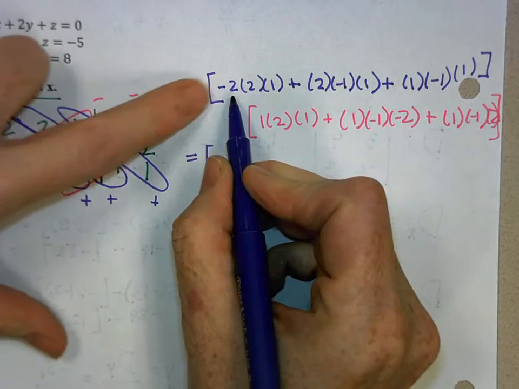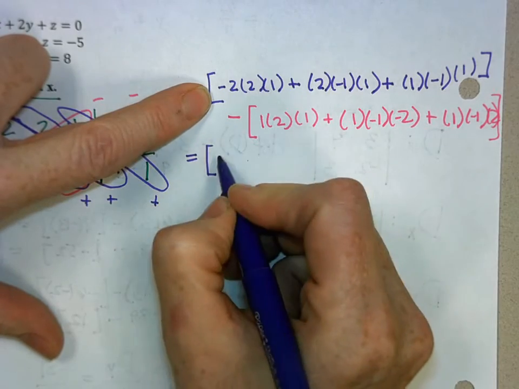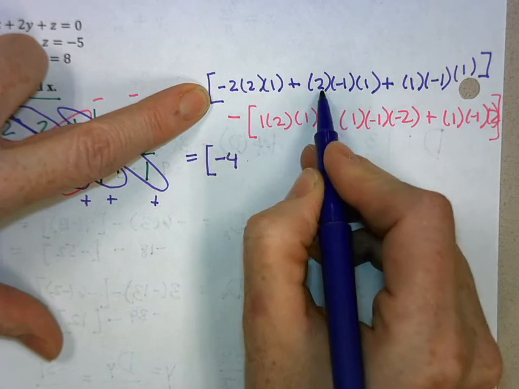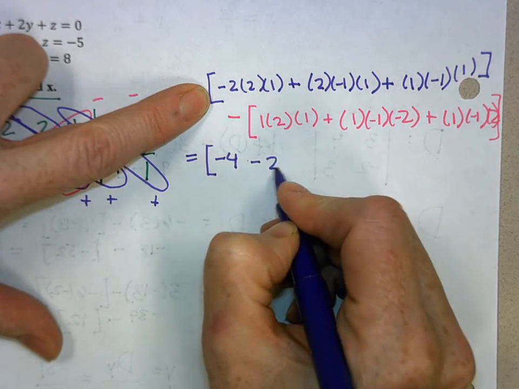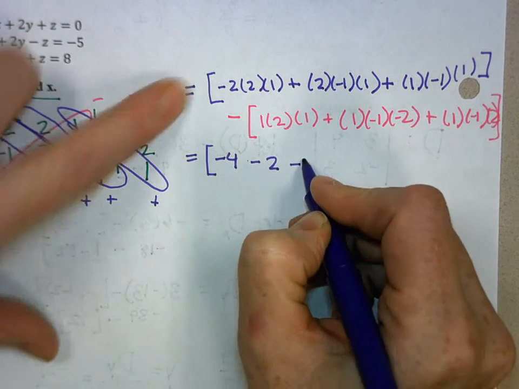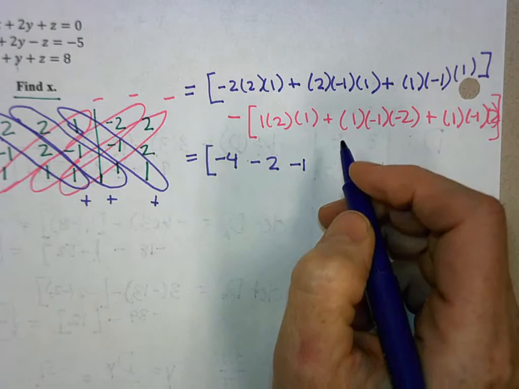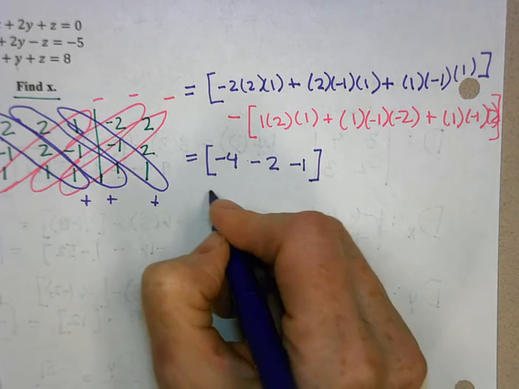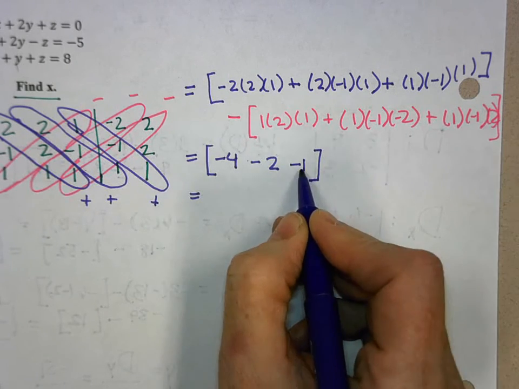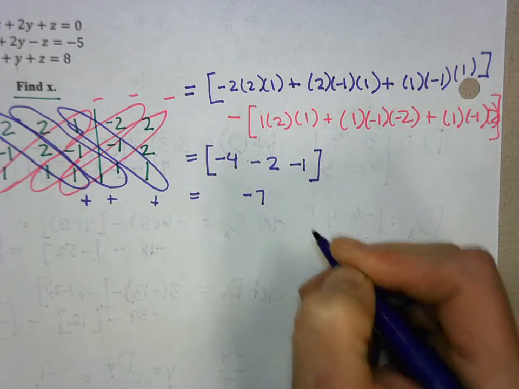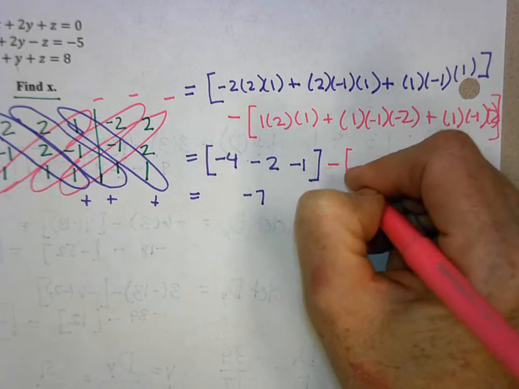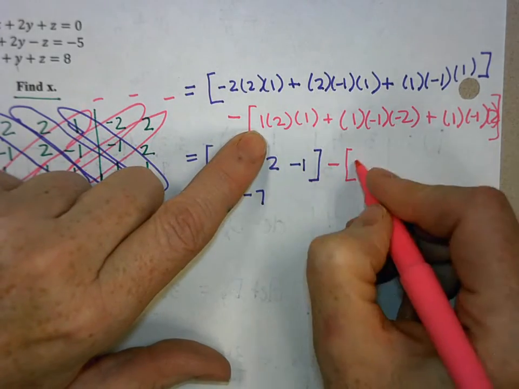All right, so we go back to the positive side and we say, let's solve this. Negative 2 and positive 2 and 1 is negative 4 when I multiply that together. The second piece, I have one negative, so the whole answer is going to be negative 2. One negative in the third section, it's just going to be negative 1. So this is going to equal negative 7. Now let's go to the other side.